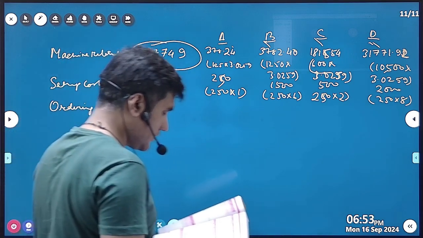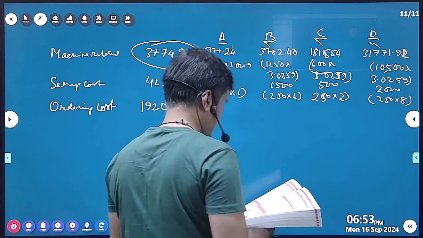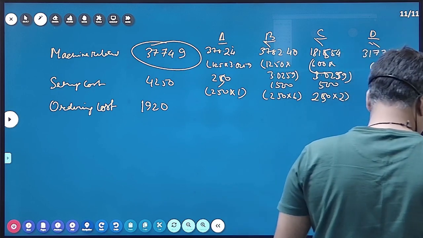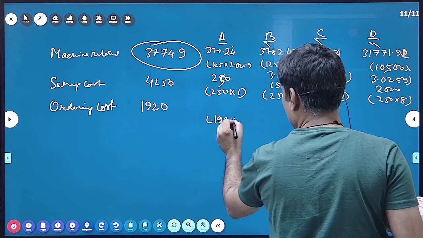Ordering cost is 1920. Ordering cost, how much the rate was? 192.